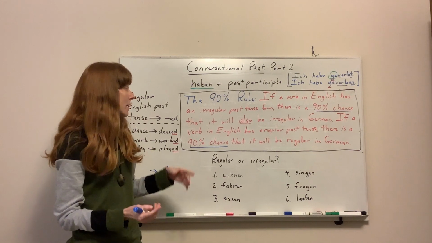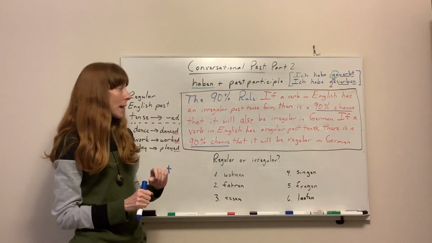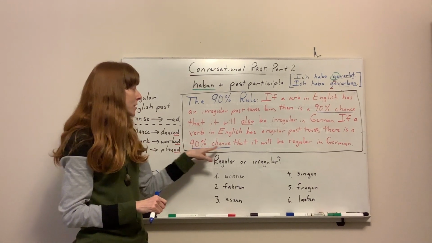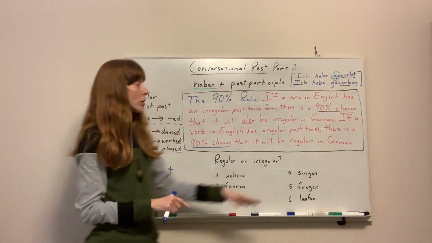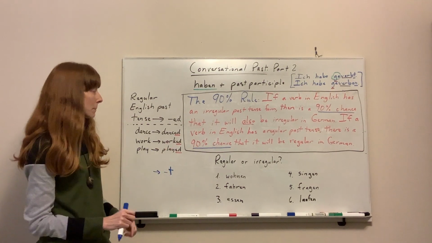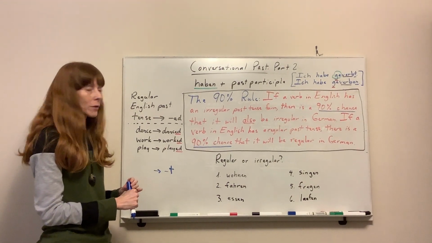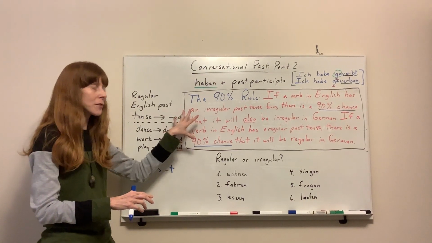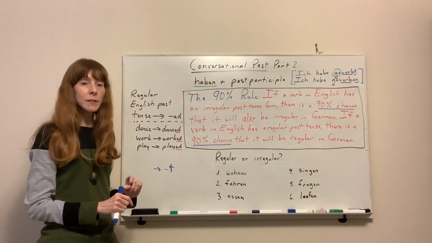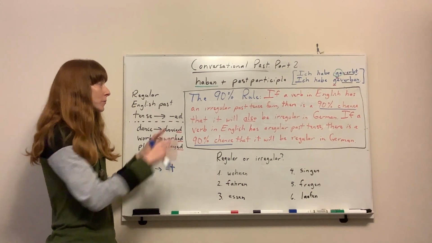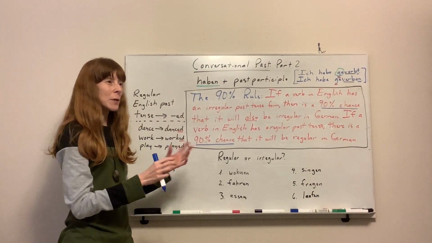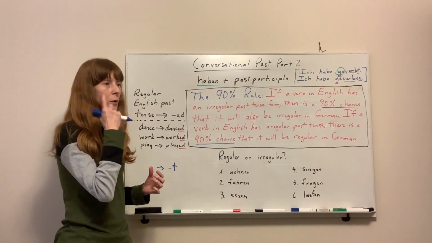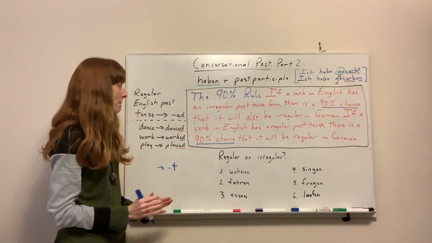Conversely, if a verb in English has a regular past tense, in other words, ed at the end, there is a 90% chance that it will also be regular in German, taking that T ending. Now, will this work 100% of the time? No, there's about 10% of the time that this won't work, but 90% is enough to get an A. So if you follow this rule, you'll have maybe 10% of the verbs that you really have to study a lot to understand whether they're regular or irregular.